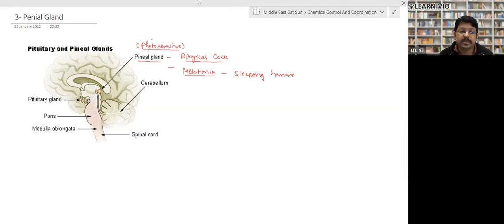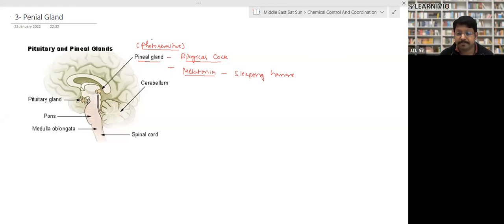So secretion is promoted by dim light, the dark condition. Melatonin causes sleeping. If melatonin is secreted, we feel sleepy; if not, we don't feel sleepy. So these are the two functions of the pineal gland.